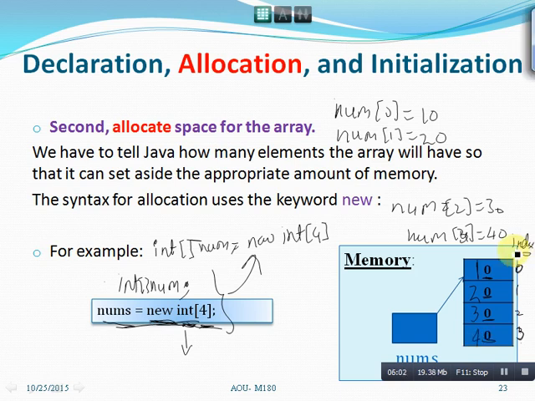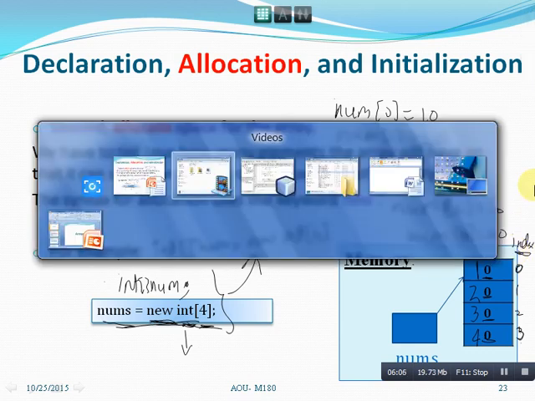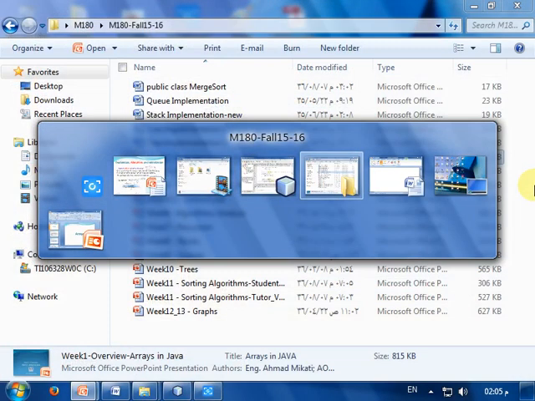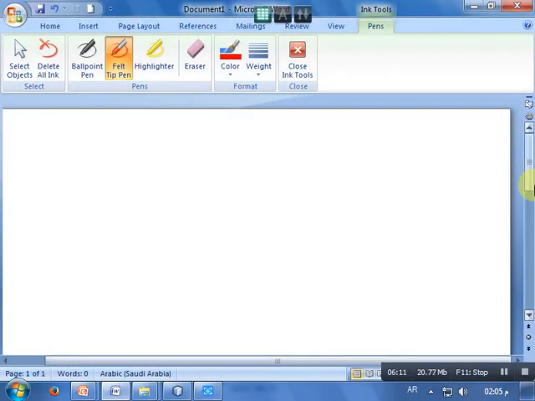Or we can assign the values if you know them from the beginning itself. We can assign the values at the time of declaration. How do we assign the values at the time of declaration? It is simple.